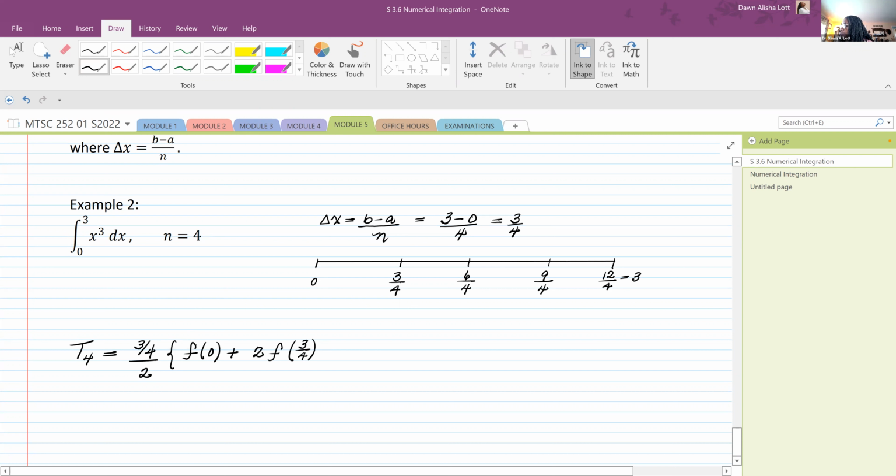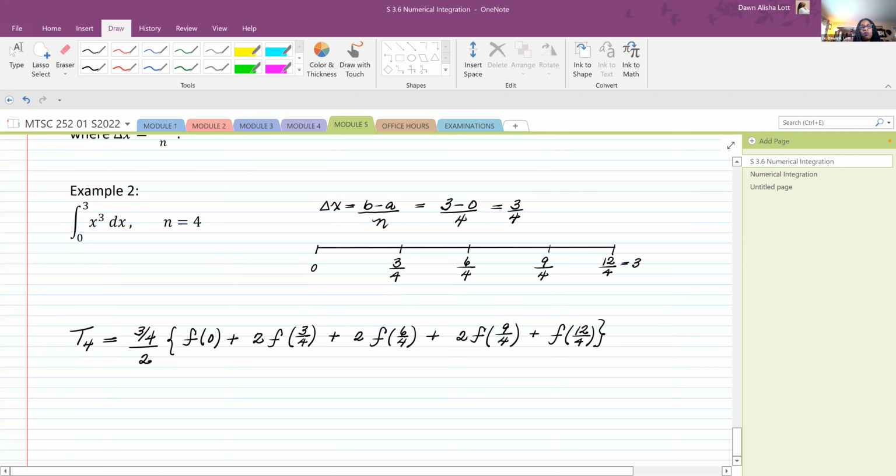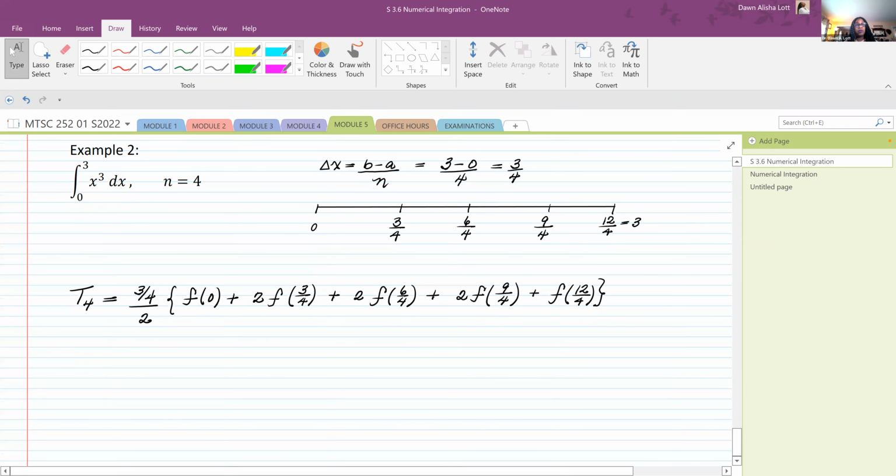Notice I'm not using the midpoints. I'm using the endpoints. Plus 2 times f of 6/4 plus 2 times f of 9/4. And then only 1 f of 12/4. Okay, any questions? So we're just using the trapezoid rule now.